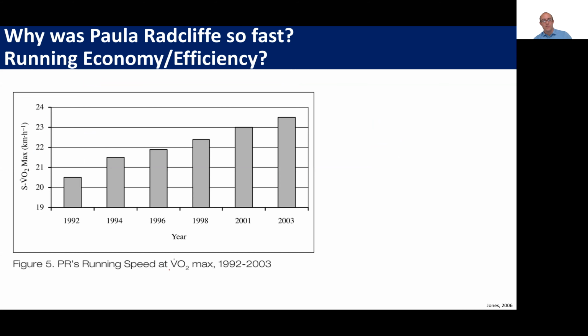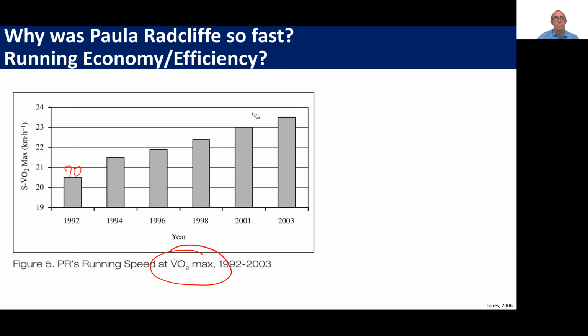Now, the consequence of this is that the speed at VO2 max changed quite a bit. In 1992, her VO2 max was 70. And in 2003, her VO2 max was also 70. But when going at that 70 milliliters per kilogram per minute, in 2003, she's going a whole lot faster, about 23.5 kilometers per hour versus 20.5 kilometers per hour in 1992.